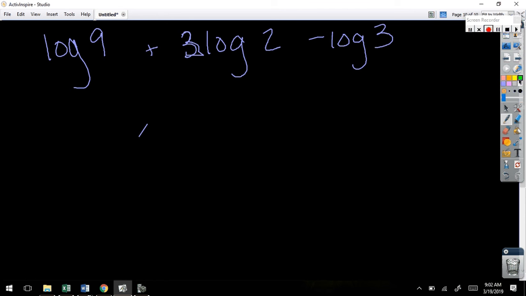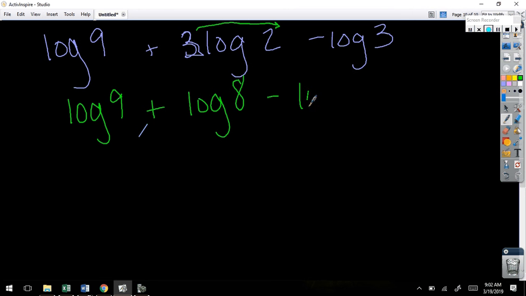The powers. This one's a little bit different because there's not variables in this, and that's okay. So I have log of 9 plus log of what? 8. Good job. Since these are exact numbers, I'm going to go ahead and write them. What now? First 2 pieces.